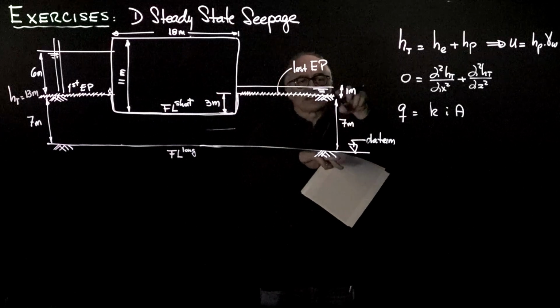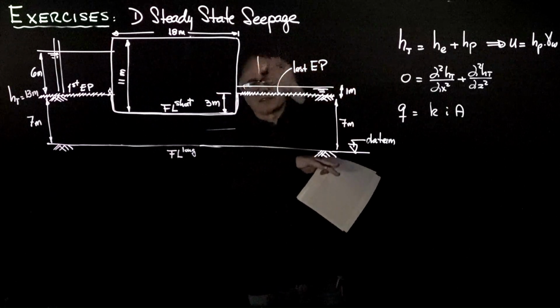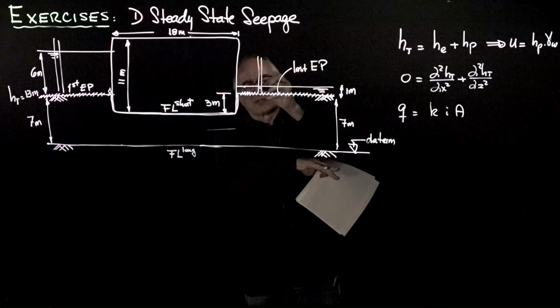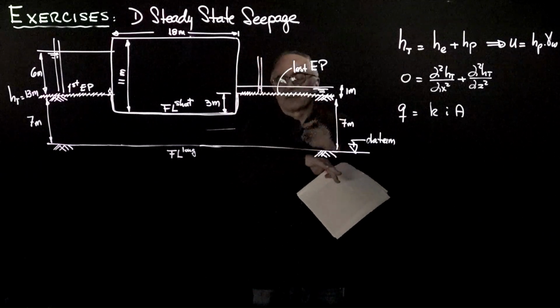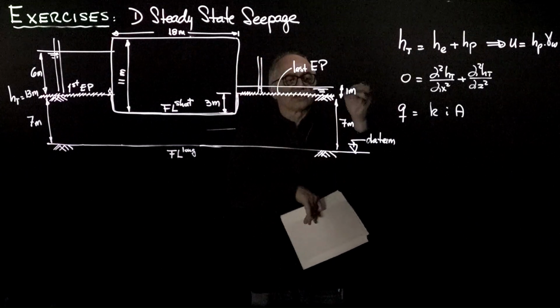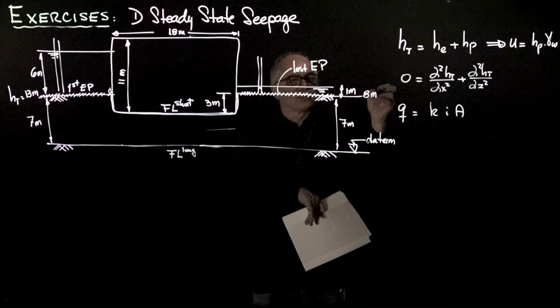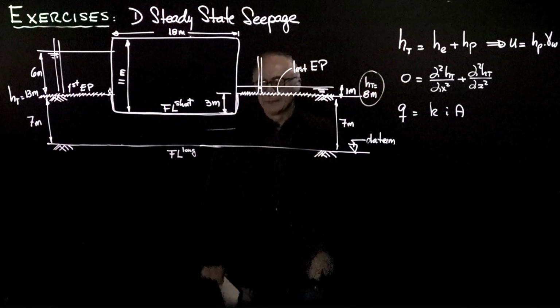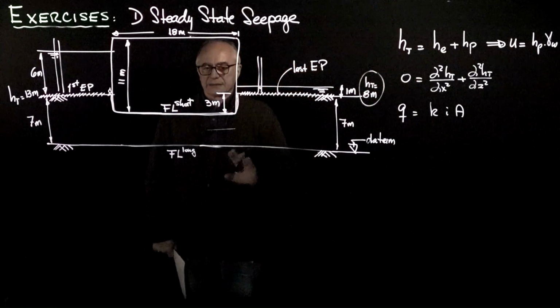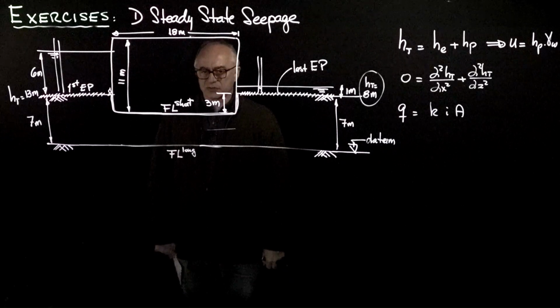It's elevation 7 meters plus, if we place a piezometer, the water will rise to the free water level, which is 1 meter. So this last equipotential has 8 meters of total energy. The conditions are set for us to solve our problem.